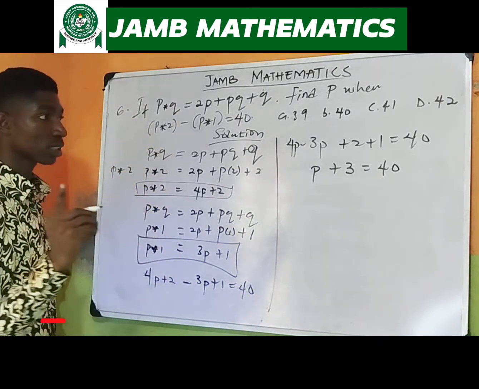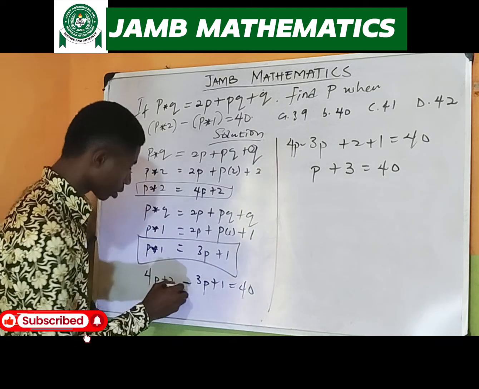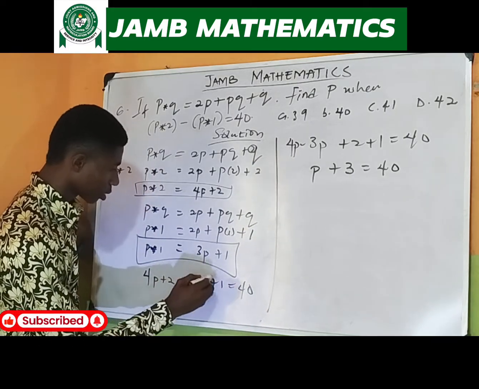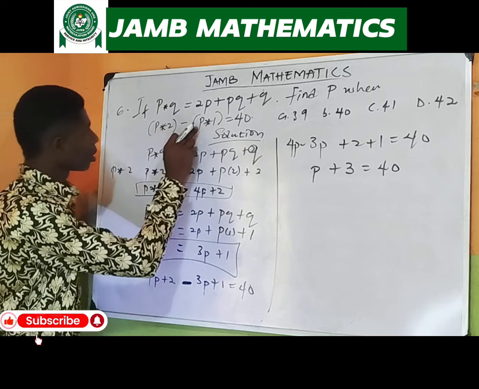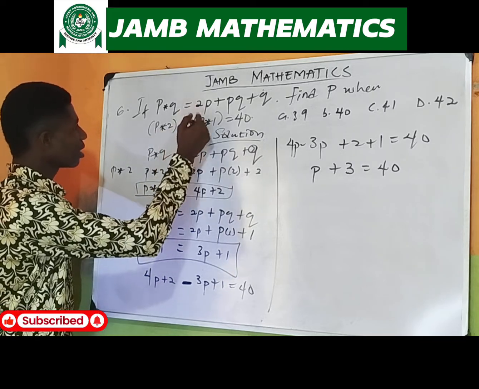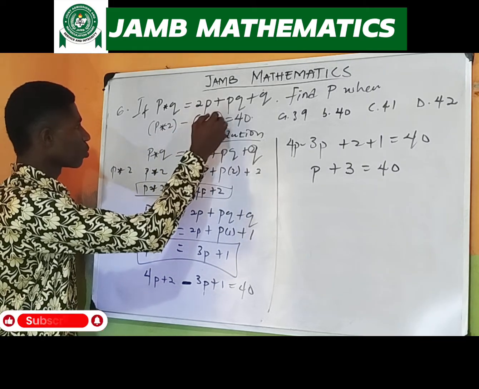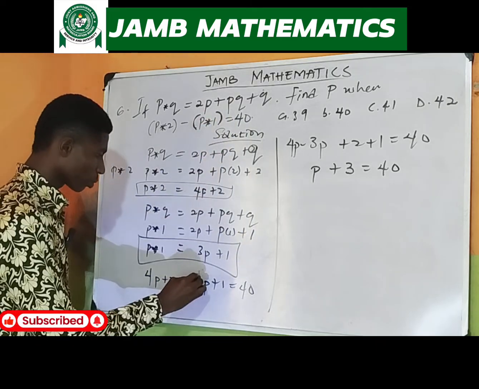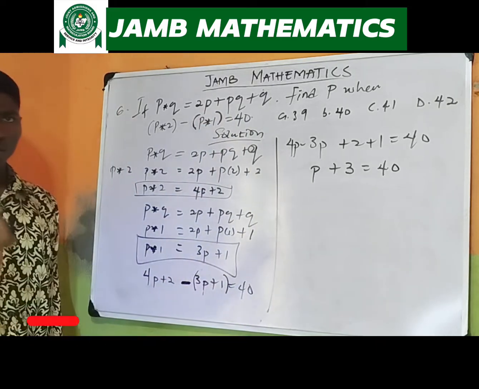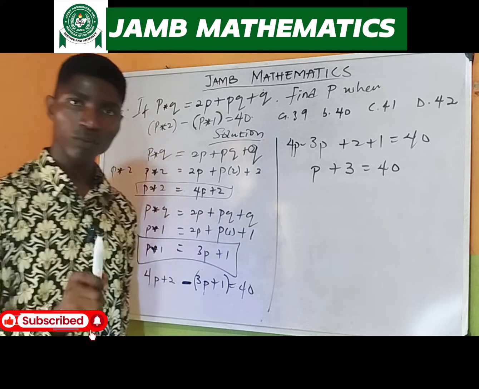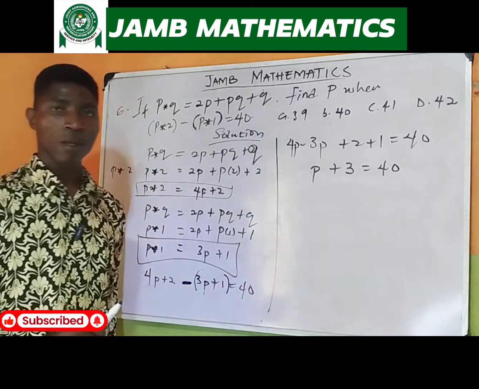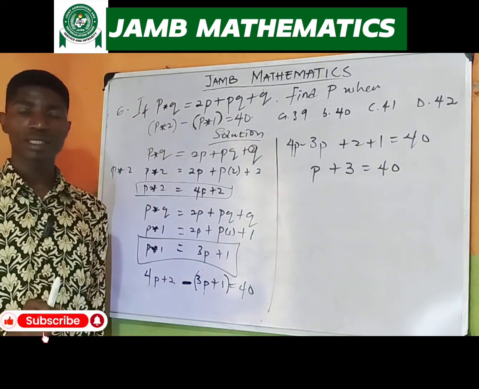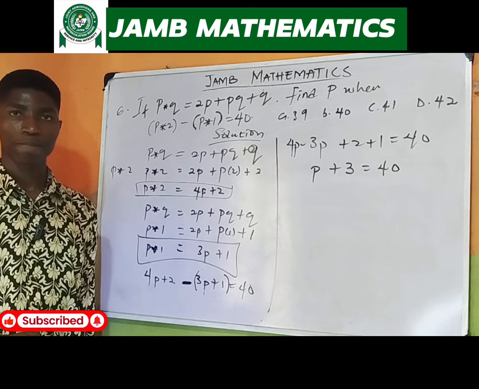There's a mistake somewhere. Watch this. P star 1 is closed with a bracket. Hence, we have to close this. So in examination, you must be careful with the use of brackets, because once your bracket is omitted, your answer will be wrong.